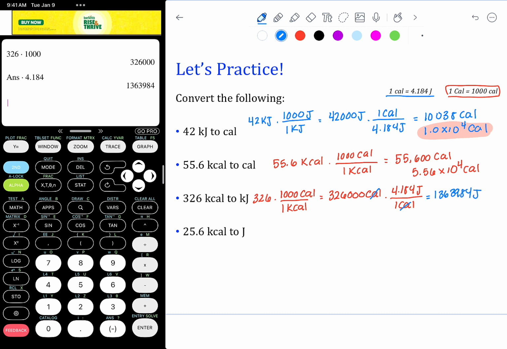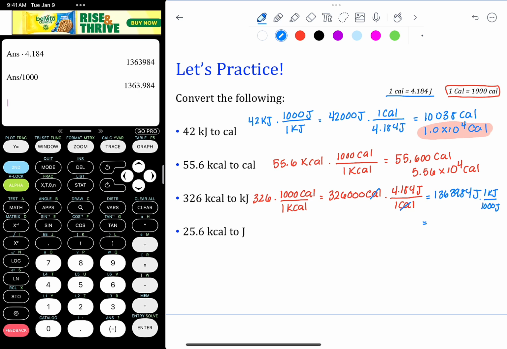Now that we have joules, we will just divide by 1,000 in order to get to kilojoules. So we'll just divide this by 1,000 to get, with sig figs and in scientific notation, 1.36 times 10 to the 3 kilojoules.